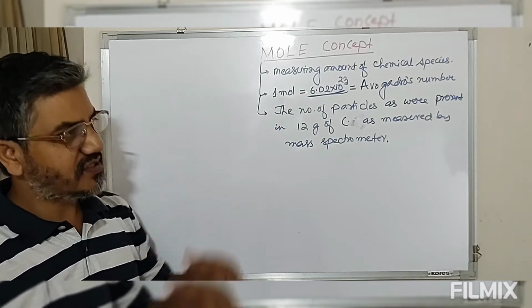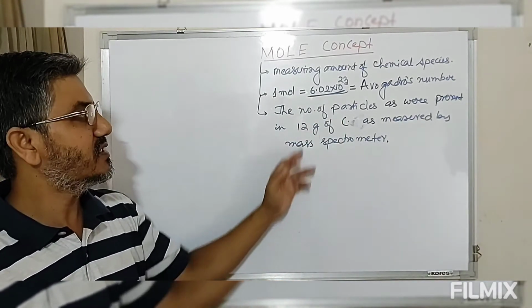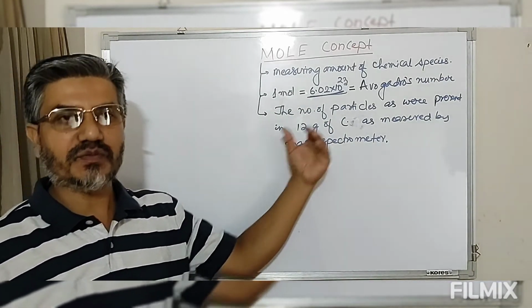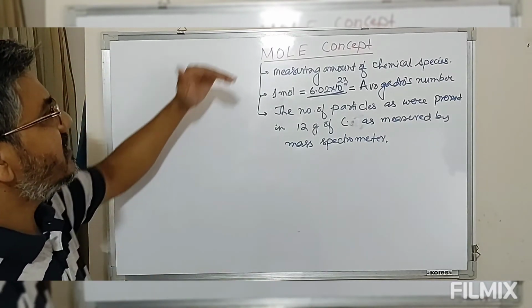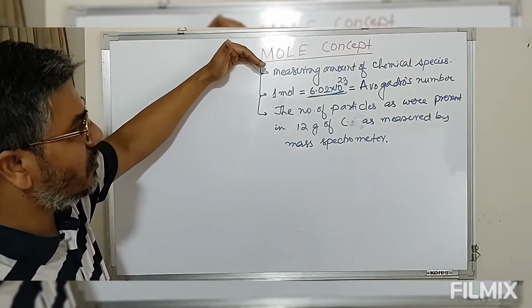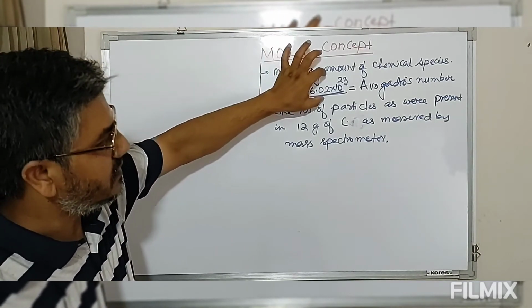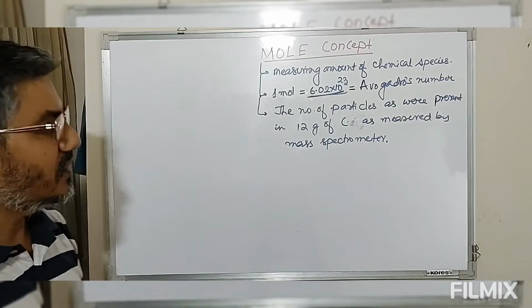So any given substance, when we say contains 1 mole, means the number of particles present is 6.02 into 10 to the power 23. So this may be electron, this may be proton, and this may be neutron. Now once we have this mole, so mole always represents a fixed quantity, and that fixed quantity is this value, that is Avogadro number 6.02 into 10 to the power 23.